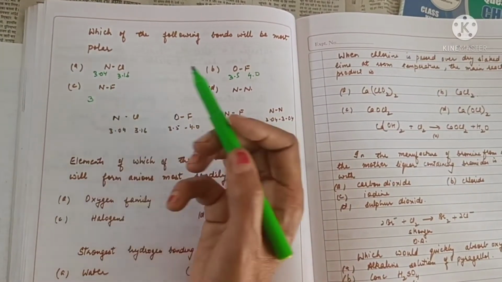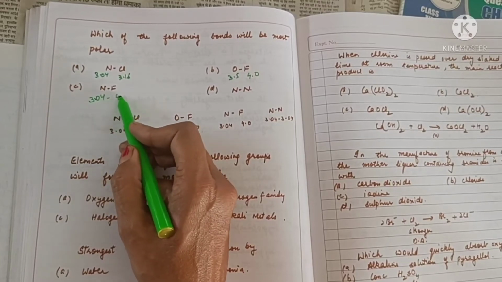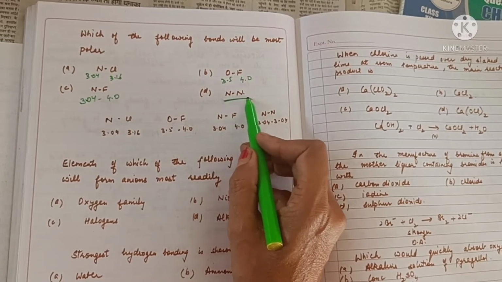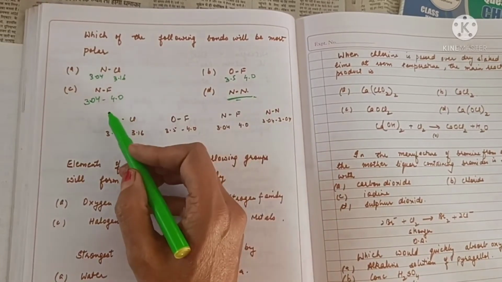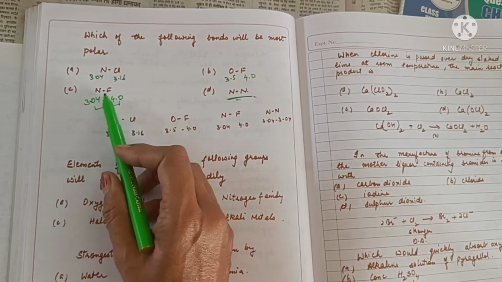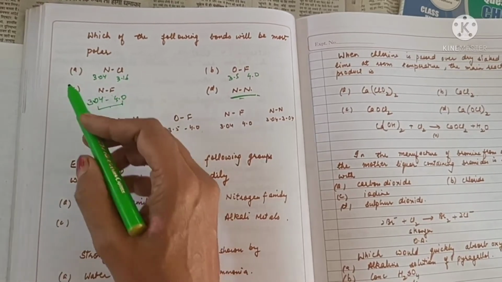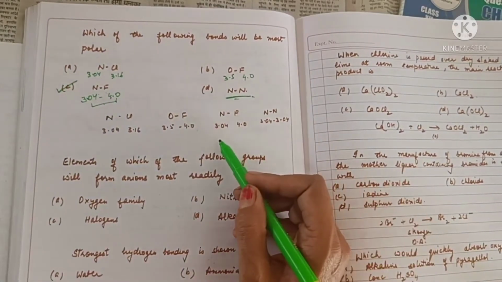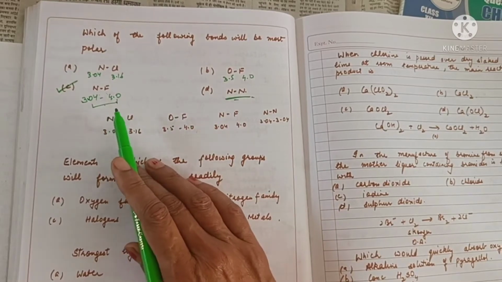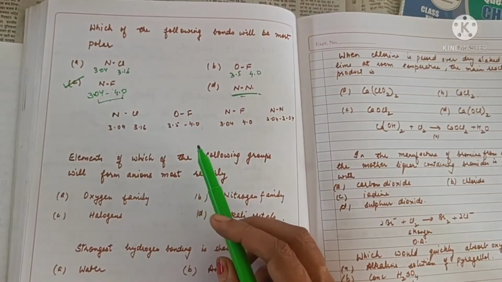The greatest difference in electronegativity is in NF, so this bond will be the most polar. Option C is the correct answer. The greater the difference in electronegativity, more will be the polarity of the bond.